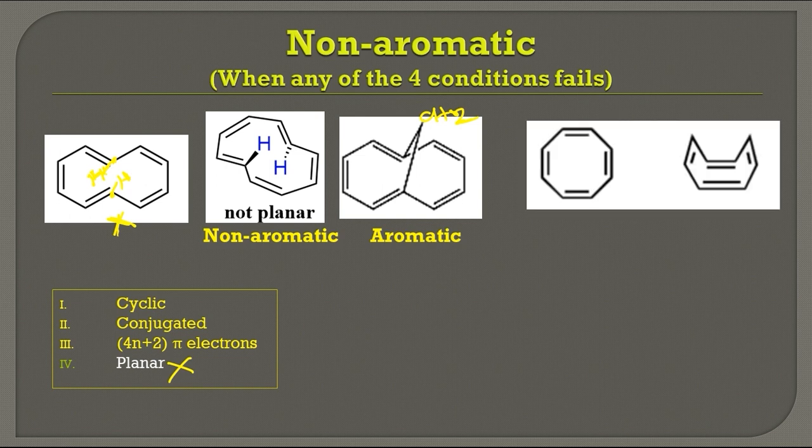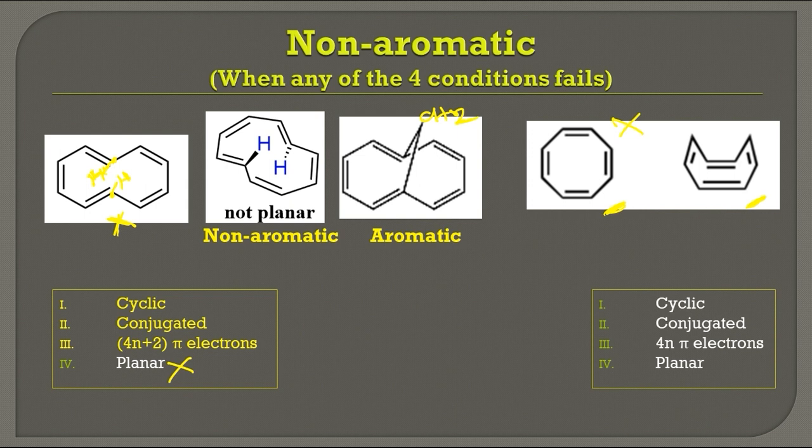Another example of non-aromatic. So this molecule you can represent in any of these ways, right? But no, this is not the correct way to represent, because when you are representing it in this way, as if it is planar, all these points are actually fulfilled, right? Cyclic conjugation 4n pi, because it is 8 pi electron. So it seems as if it is anti-aromatic, but remember, anti-aromatic is very, very unstable.